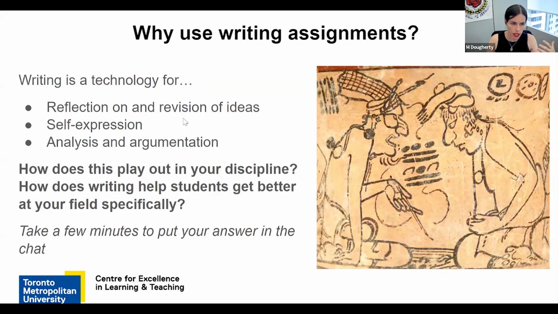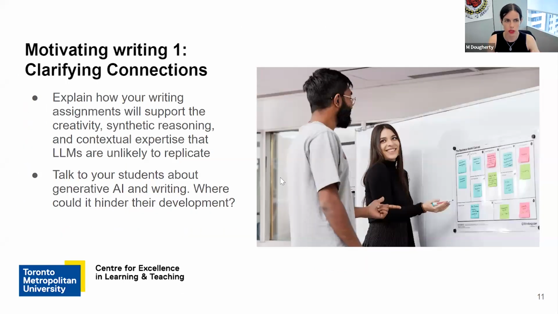And when we are communicating to our students, it can help to pause and think about why exactly we have them write in the first place, so that as we are speaking to students, we can clarify the connections between the writing assignments that we're giving them and these very skills we've just talked about: creativity, synthetic reasoning, learning to use models that are necessary and useful in their field, learning to read better, learning to revise and revisit their own thoughts.